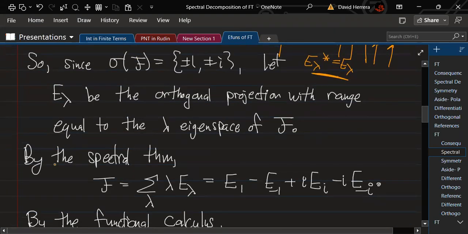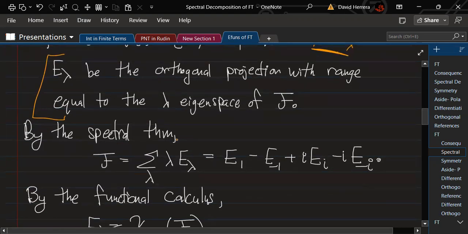So what am I trying to say? Yes, I have this orthogonal projection here. It's the definition. Now the spectral theorem says in general that if you have spectral projections and the eigenvalues, then the operator, if it's normal, you can write as some kind of integral or sum of spectral projection times the eigenvalue.